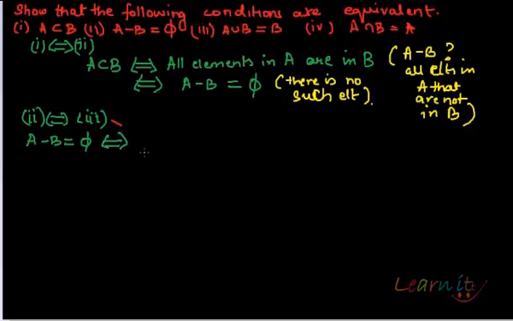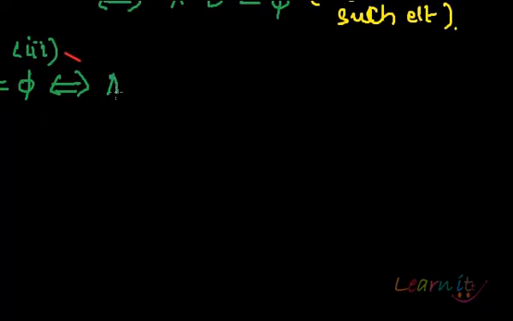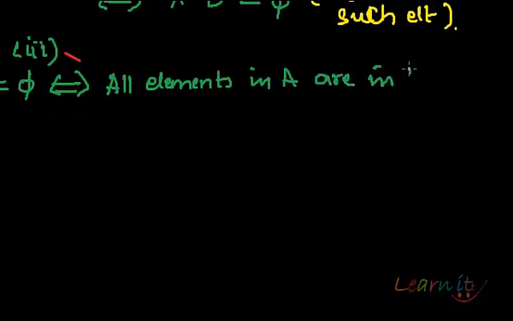A minus B is phi. That means there is no element such that it is in A but not in B. So that means all elements in A are in B, for the same reason as we saw before.